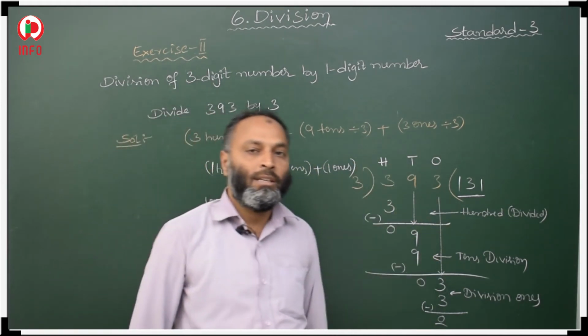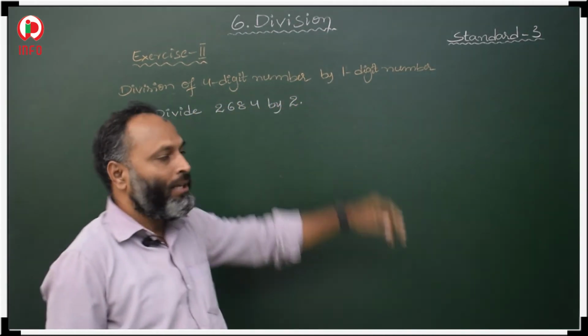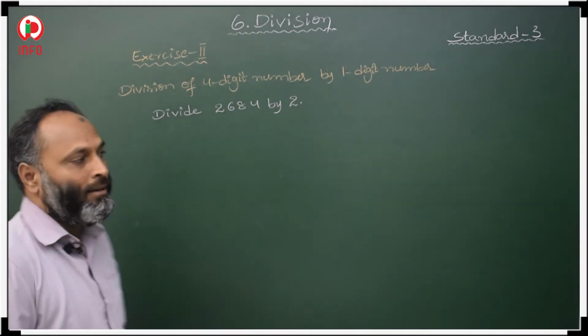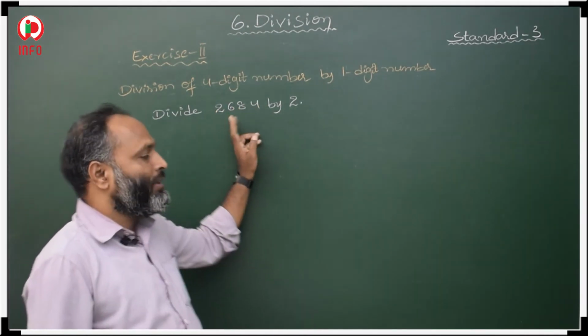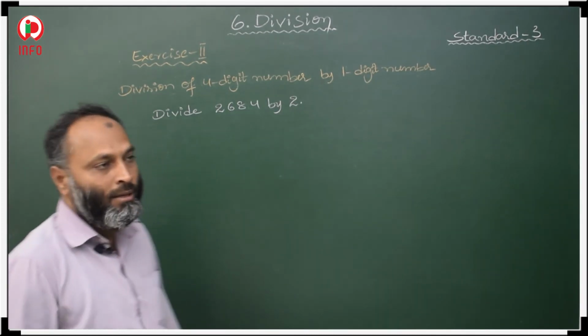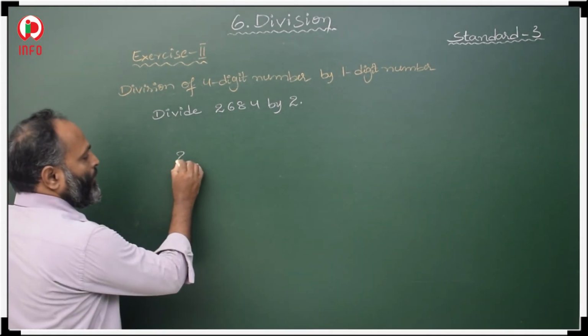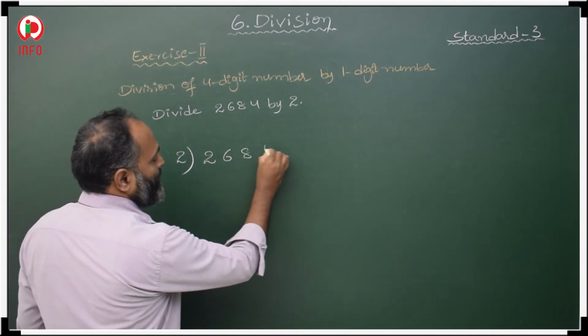Yes students, next topic, division of a 4-digit number by a single digit number. This is a 4-digit number, 1, 2, 3, 4. So we have to divide it by a single digit number. See how to divide. 2 divides 2684.